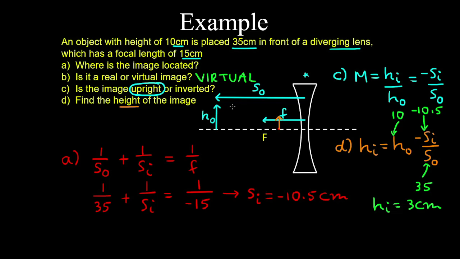So we can see it's about right if we do some ray tracing. We have a principal ray along the principal axis, which gets refracted something like this. If we extend the refracted ray to the focus, and then we pass another ray through the optical center, which doesn't get refracted.